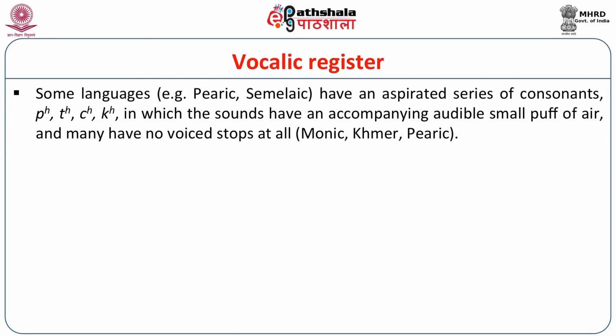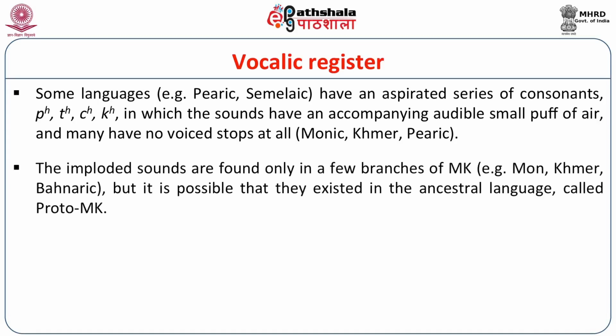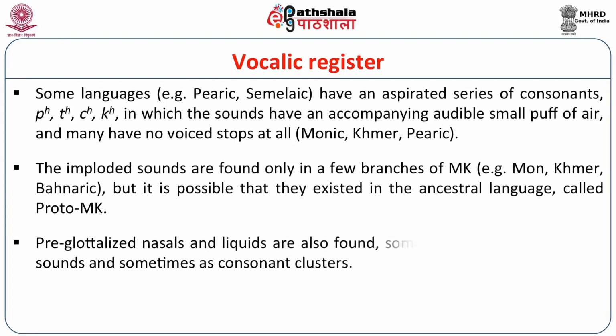For instance, Monic, Khmer, Palaungic, etc. The imploded sounds are found only in a few branches of Mon-Khmer, for example Mon, Khmer, and Bahnaric, but it is possible that they existed in the ancient language, which may be called Proto-Mon-Khmer. Pre-glottalized nasals and liquids are also found, sometimes as single distinctive sounds and sometimes as consonant clusters.